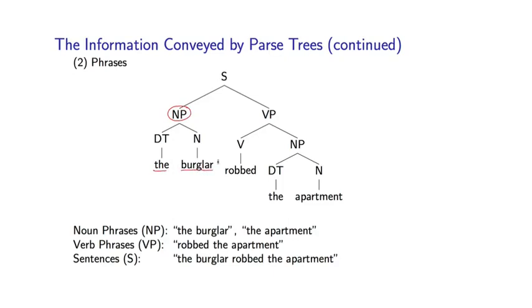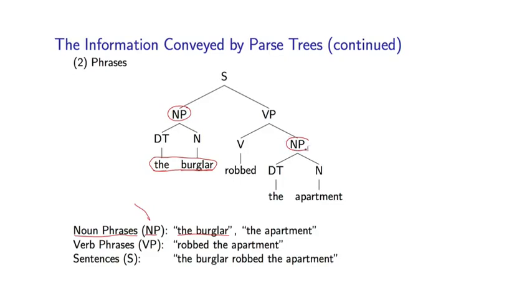And that means that this particular substring, "the burglar," has been identified as a constituent or phrase of type NP. NP actually stands for noun phrase. Later in this class, we'll talk extensively about what these different categories are. But as you can see, the main point here is that we get this hierarchical grouping.